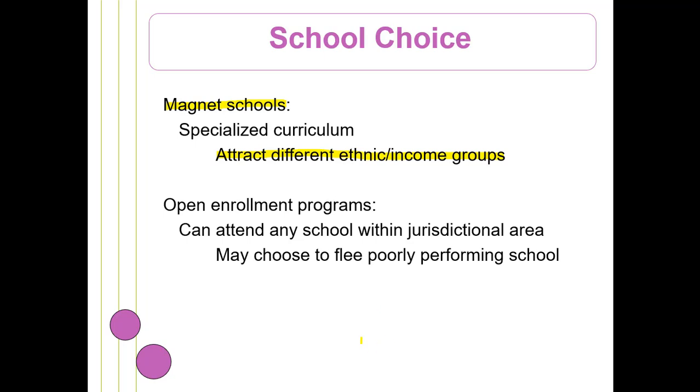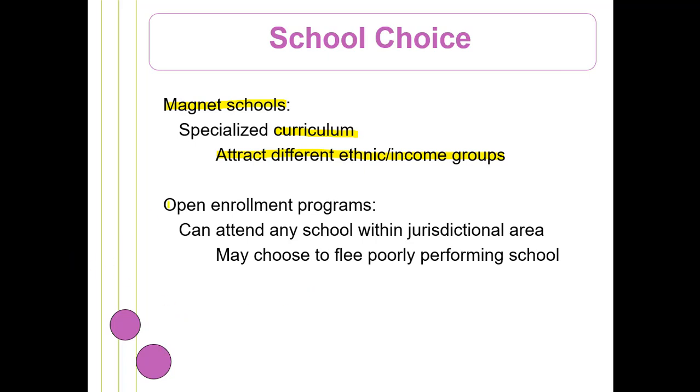So you're attracting quite a diverse array of students that are all focused on this particular curriculum, whether it might be a science specialized curriculum or a music and arts type curriculum.